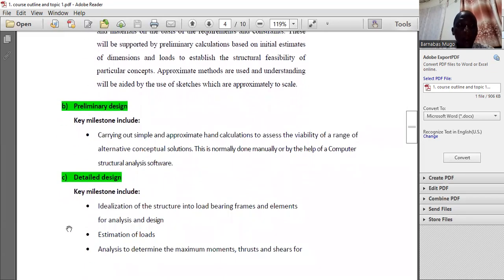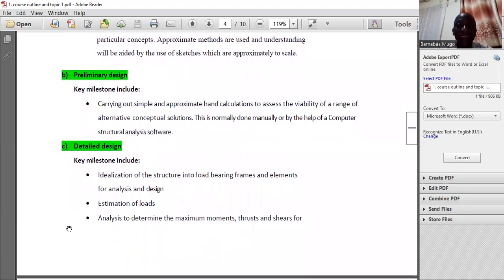Then we need to know about the preliminary design aspects. When we are looking at the preliminary design aspects, you need to know how to carry out simple and approximate hand calculations to assess the viability of the alternatives in the conceptual solutions. This is normally done either manually or with the help of a computer.